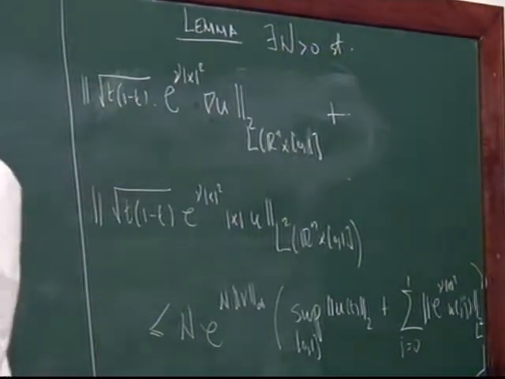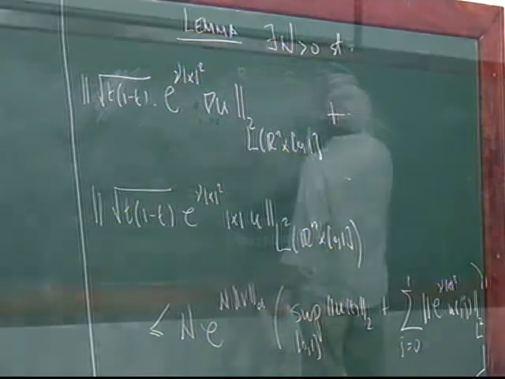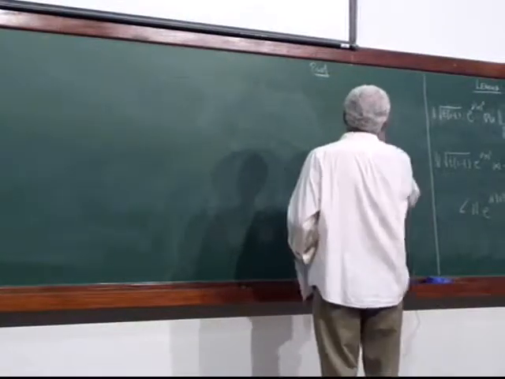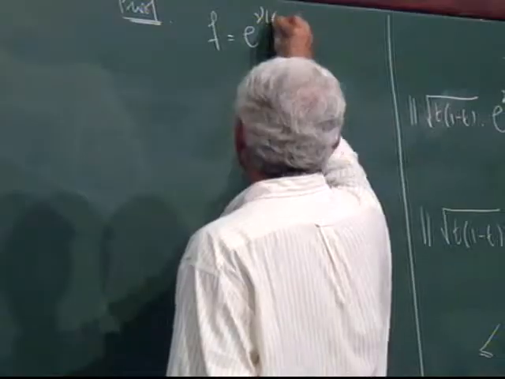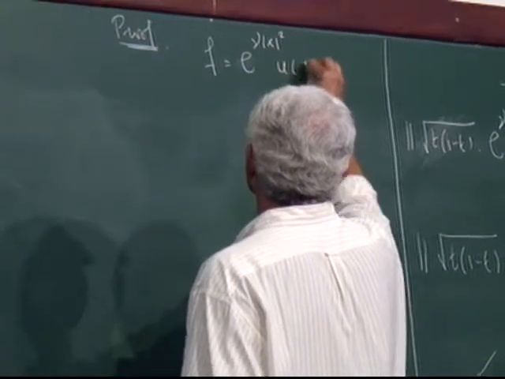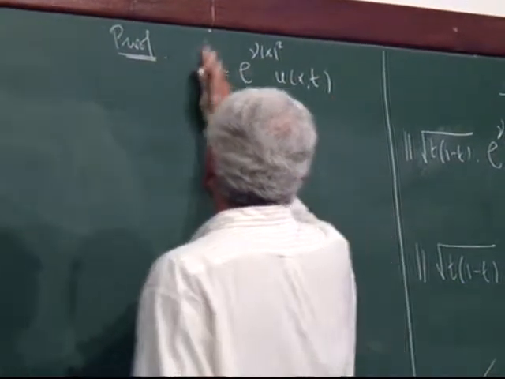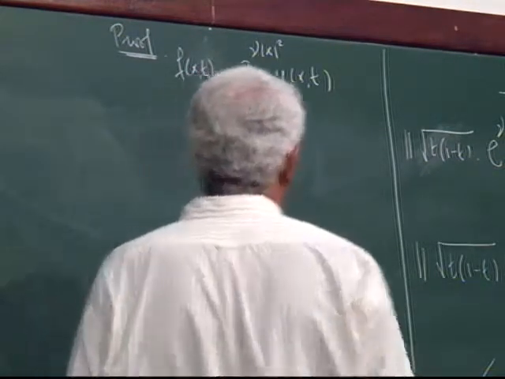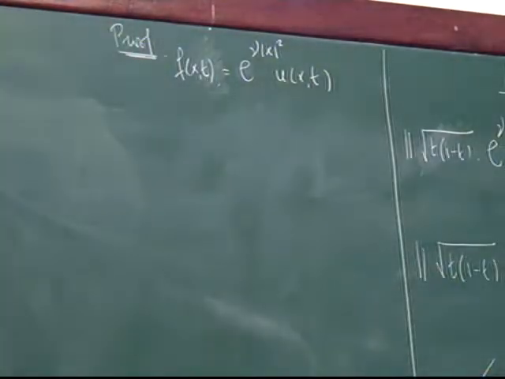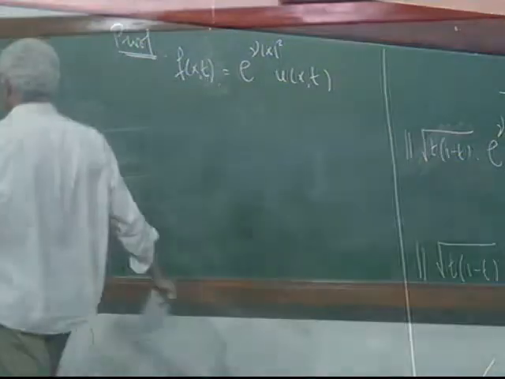Well, proof. You call f to be exponential of x squared times u. And remember that u is your solution of this equation here.